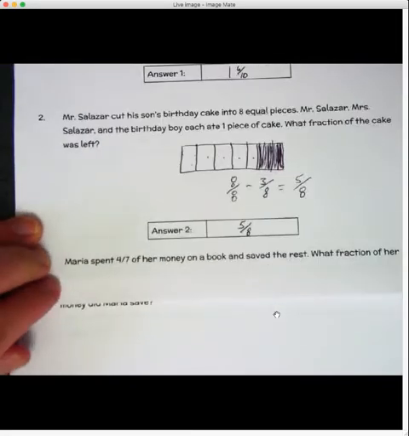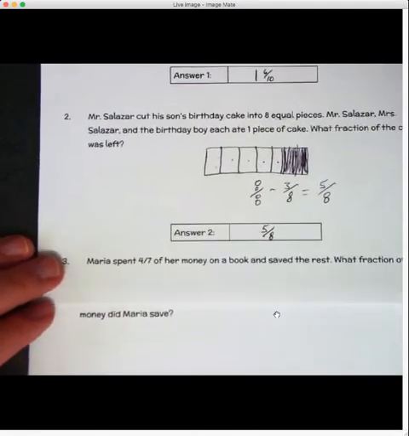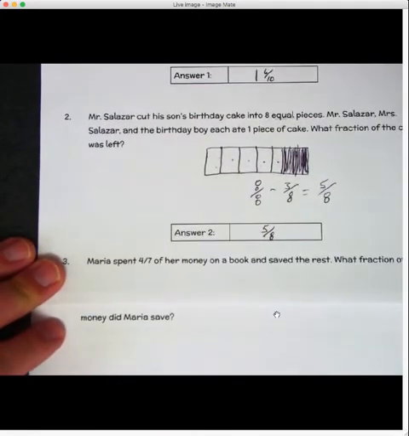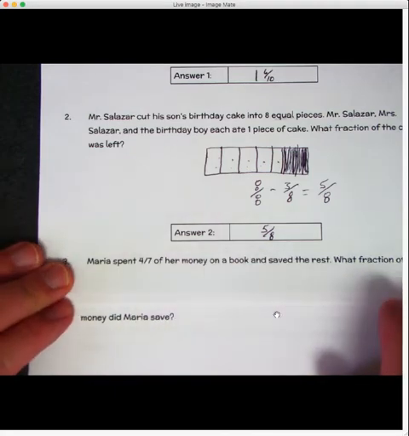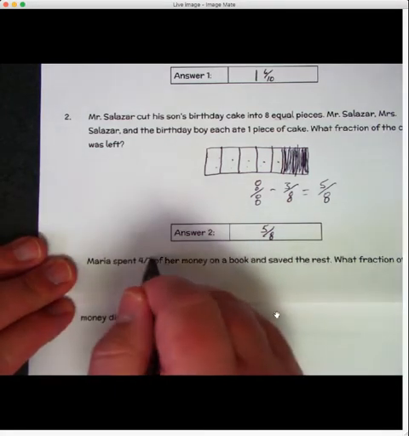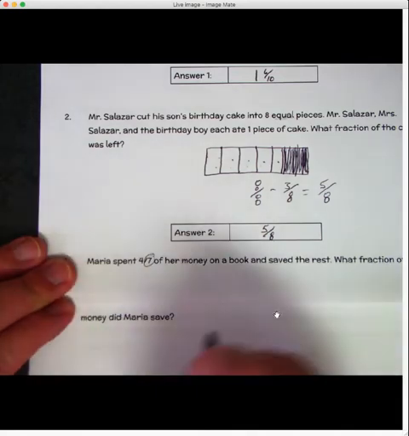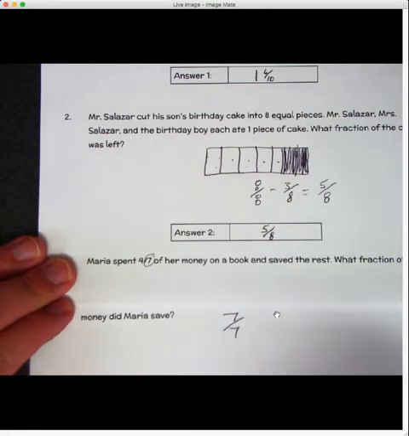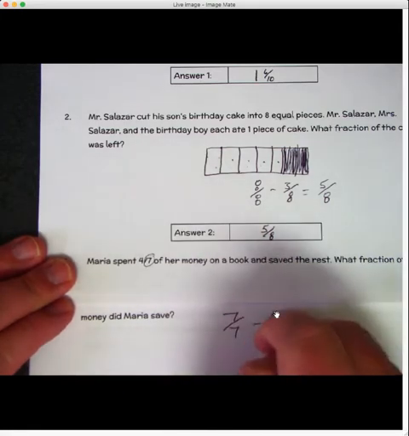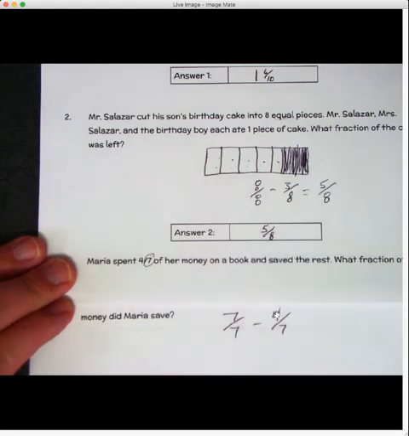All right, so she spent 4/7 and saved the rest. Well, what would represent the whole amount she has? If we're looking in sevenths, what would represent the whole amount she had? One whole amount would be 7/7, right? That equals 1. That's how much she had. She had 1 whole amount, but she doesn't have it anymore, so we're taking it away.